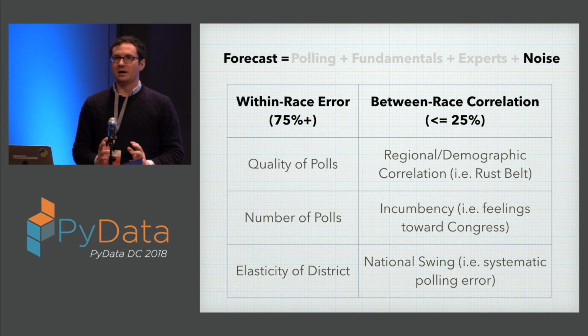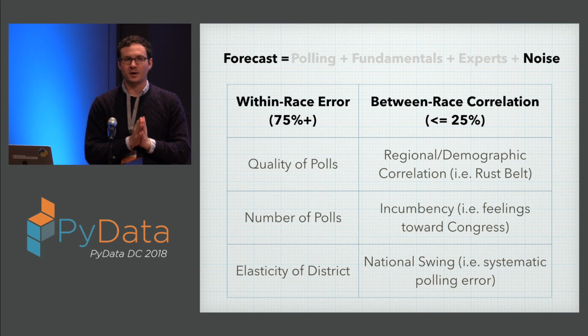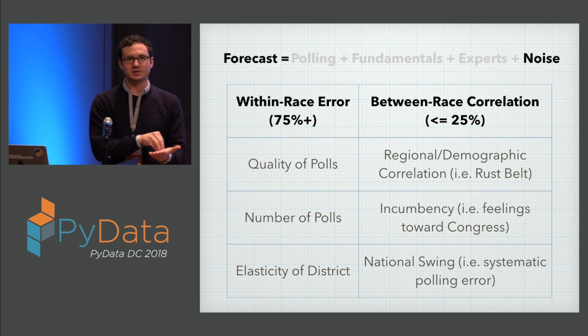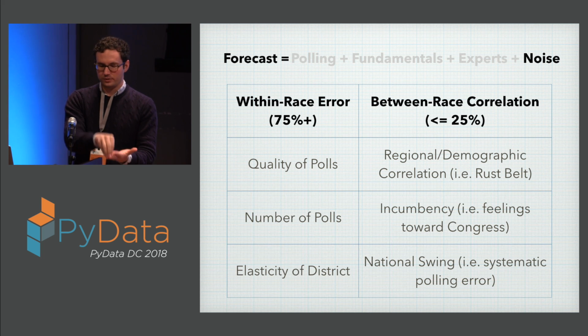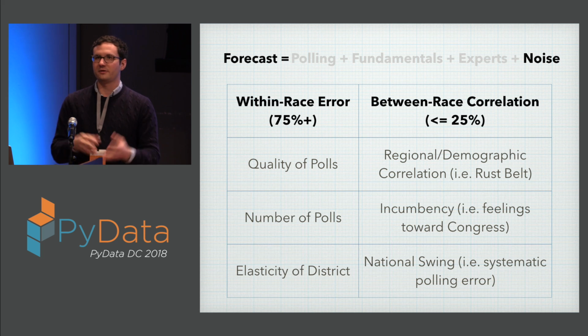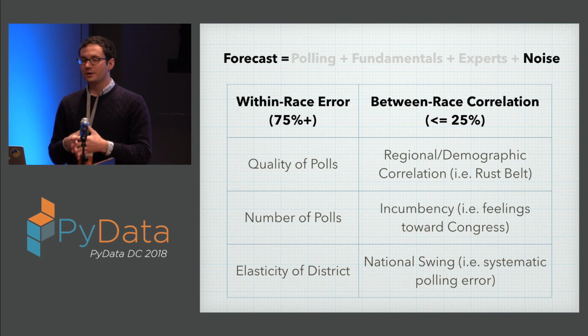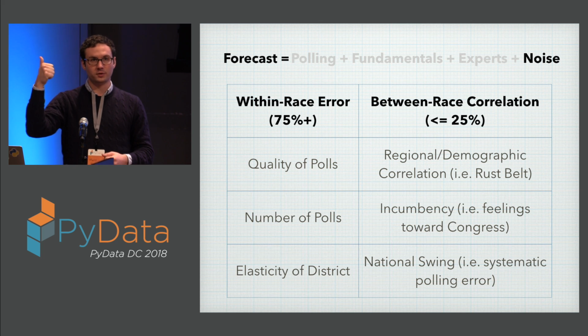So within race error, what is the error that specifically applies to this one race, whether it's this one congressional district or this one Senate race or this one gubernatorial race? What is the error within this race alone? And the within race error is a function of the quality of the polls that were done.